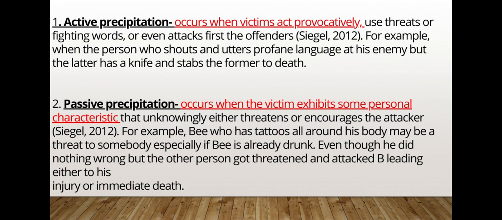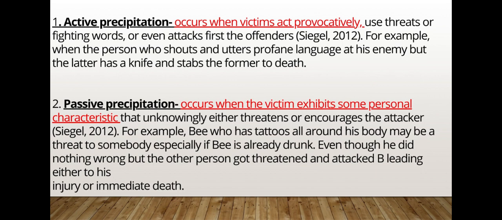Okay, a second precipitations is passive precipitations. Occurs when the victim exhibits some personal characteristics. When we say exhibit, nagpapakita ka ng personal characteristics. Example natin dito is si B daw na merong tato sa buong katawan niya. Ngayon, yung pagkakaroon ng tato ni B is nagkakaroon ng threat sa ibang tao.